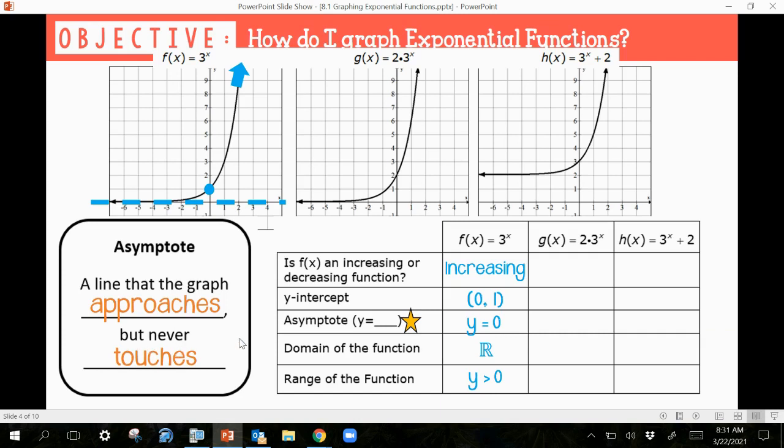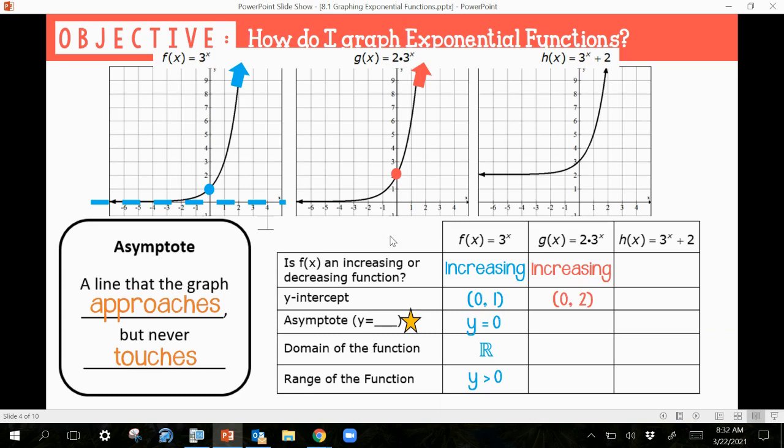All right, let's see what happens with our next graph. G of x equals 2 times 3 raised to the x. So this time, let's see, increasing or decreasing. It's still increasing. The y-intercept where it touches the y-axis is right here at 2. So we'll write that as 0, 2.